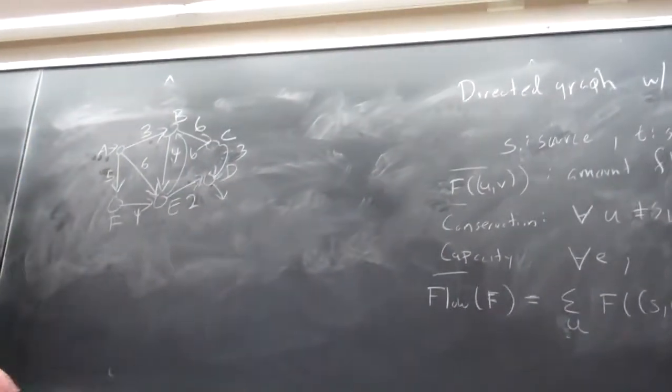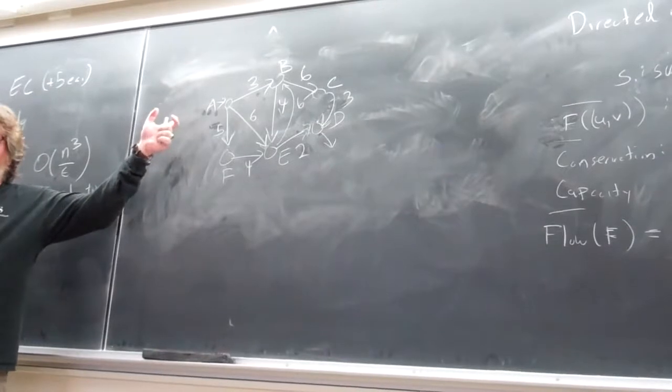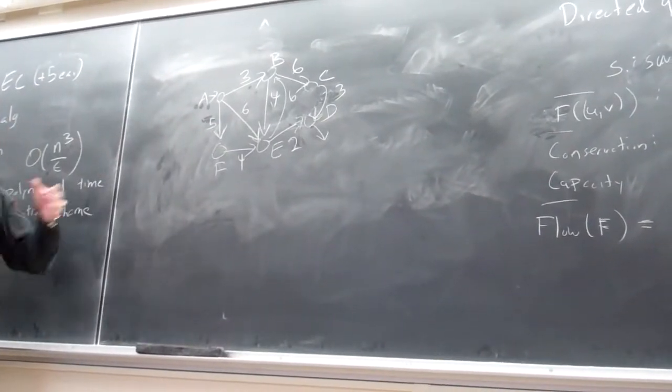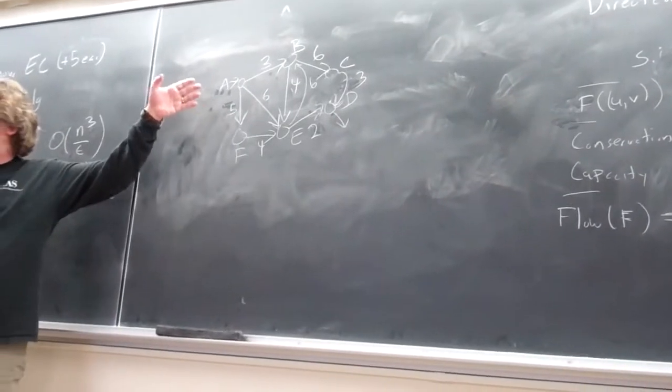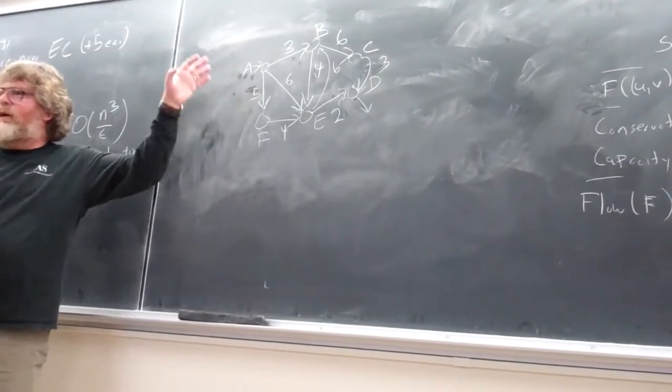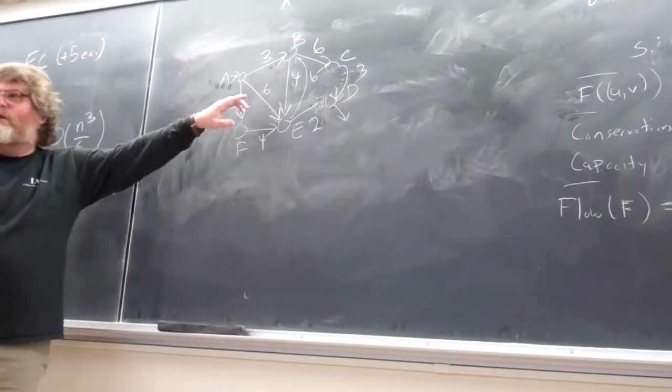Even though I've talked about it as pipes, flows come up directly in computer science. You have a network, and these could be communication links, and the capacities of edges are the bandwidth of the available links. And now you're trying to send information from the source to the destination.